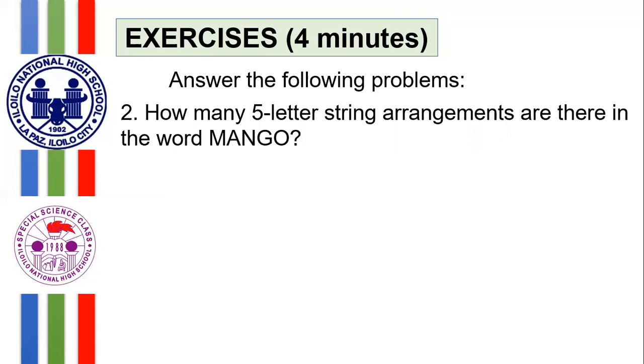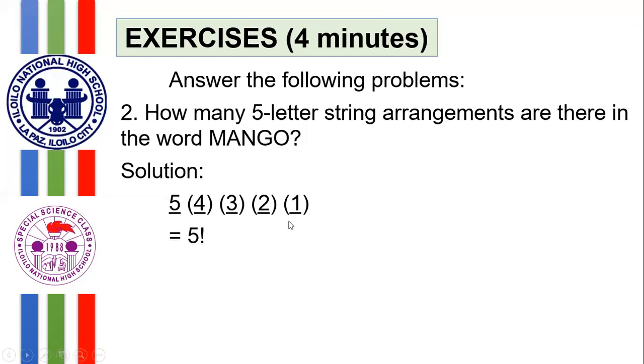And the total number of ways, using the same reasoning, is 5 times 4 times 3 times 2 times 1, or 5 factorial, which is 120. So there are 120 arrangements or 5-letter strings of the word mango. And remember, it's understood that no digit or no letter rather should be repeated here.